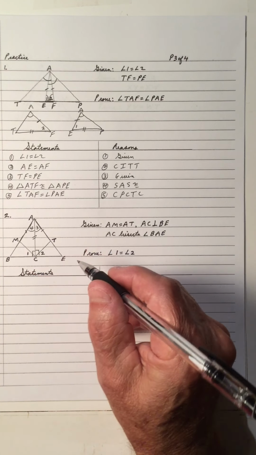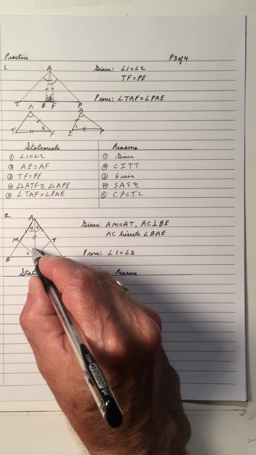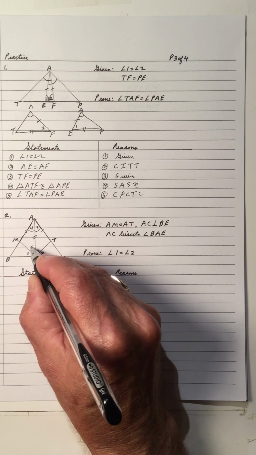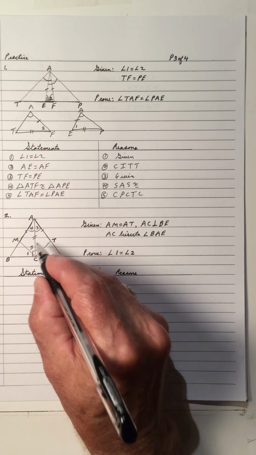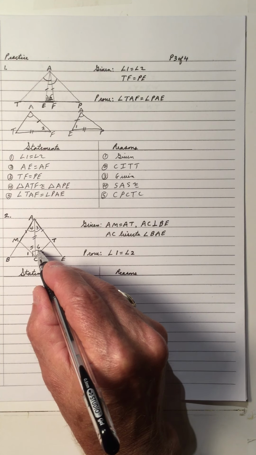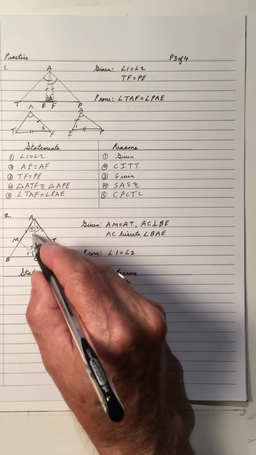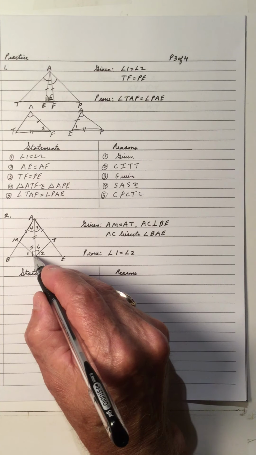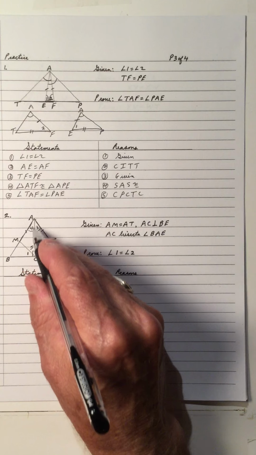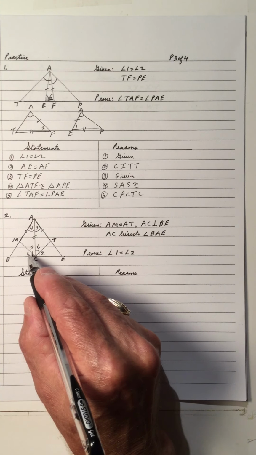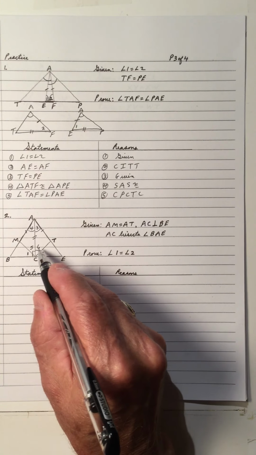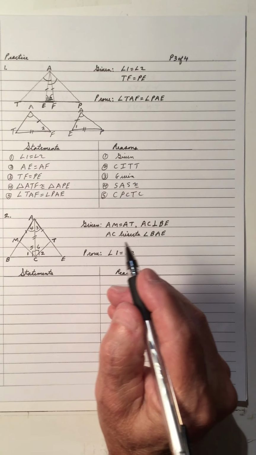And that makes these angles, instead of using 3 letters, I use these angles 5 and 6. So 5 equals 6 by CPCTC. And because these are perpendicular, these angles ACB and ACE are equal. Therefore, take away 5 and 6 and you'll get angle 1 equals angle 2.